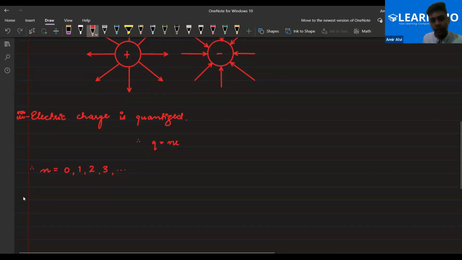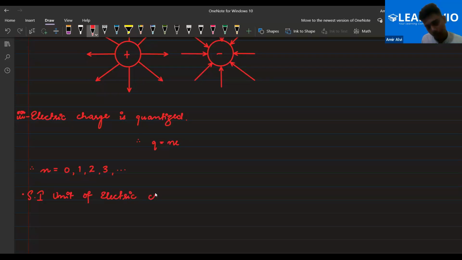Okay. And the SI unit, let me write it over here. The SI unit of charge is coulomb, that is C. Okay.